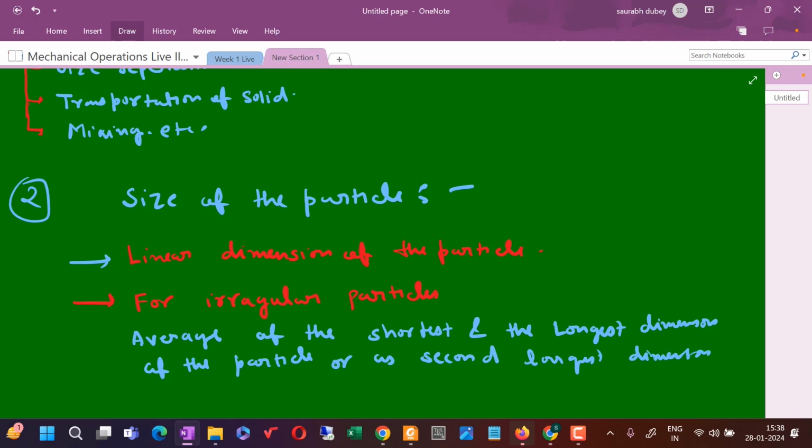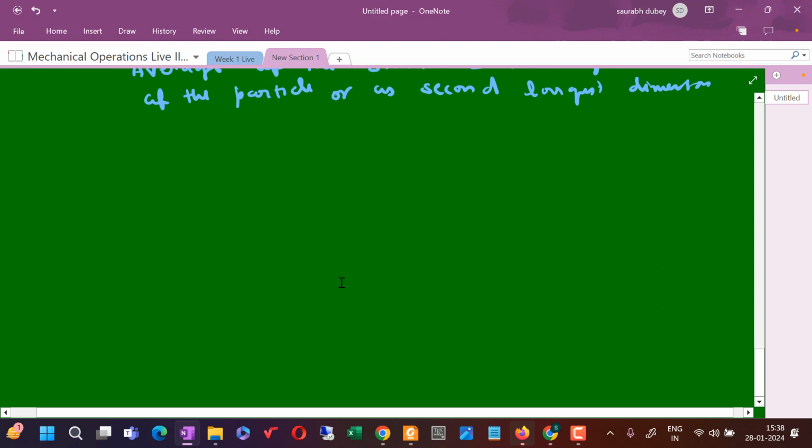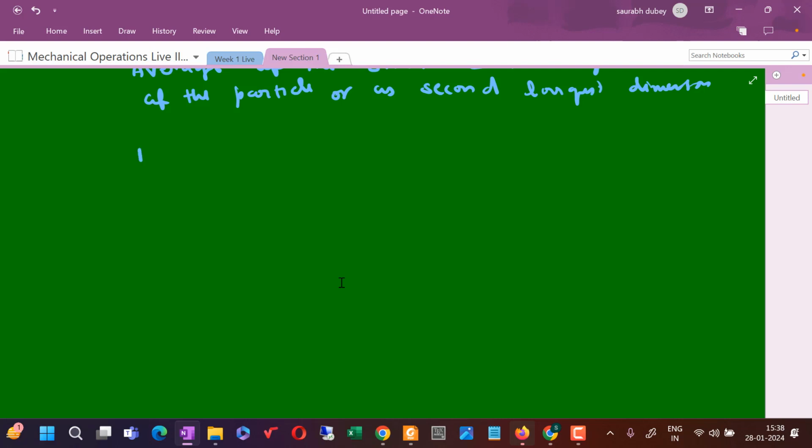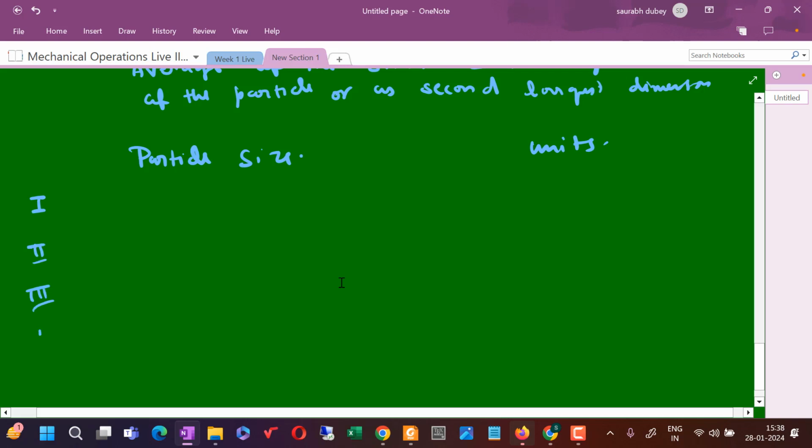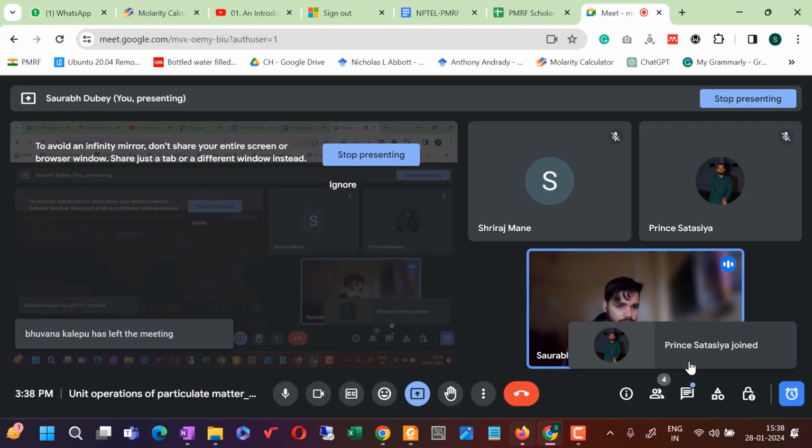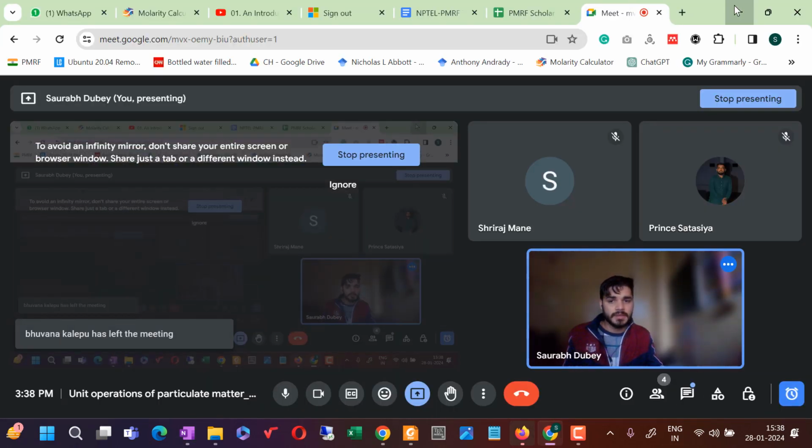And if I tell you a clear-cut particle size range, so for example, particle size is there, and then this unit is there. If you want to know about that, then 1, 2, 3, 4. So somebody came, I think I have to allow him. Yes, Prince is there.